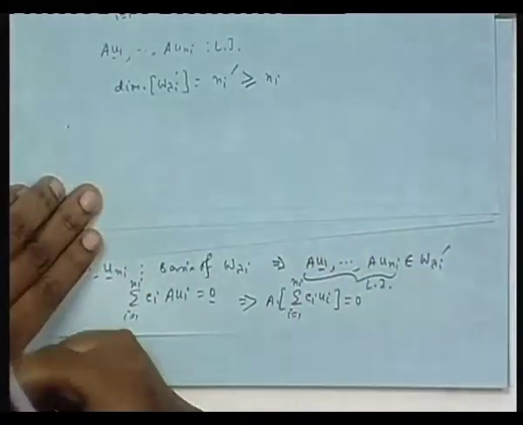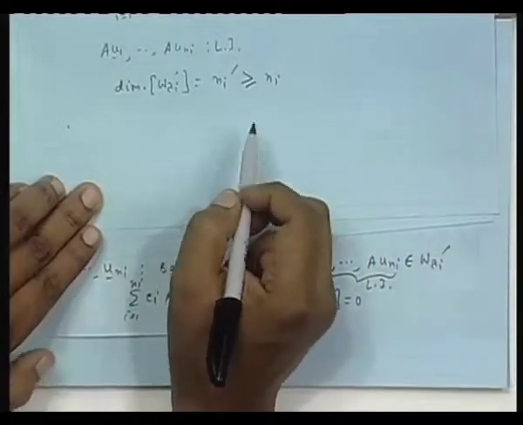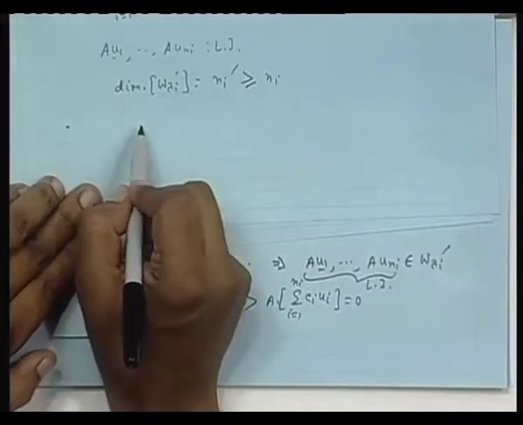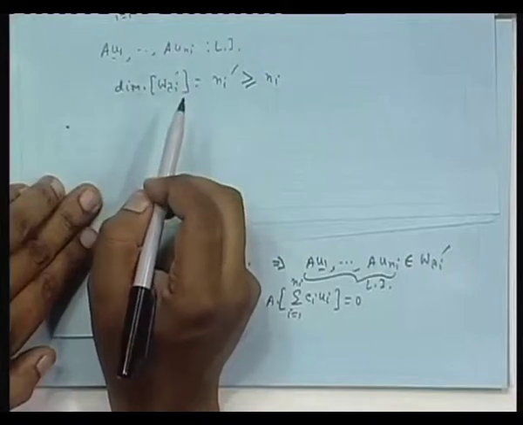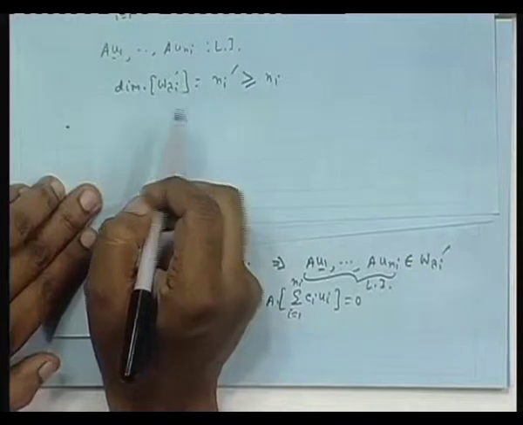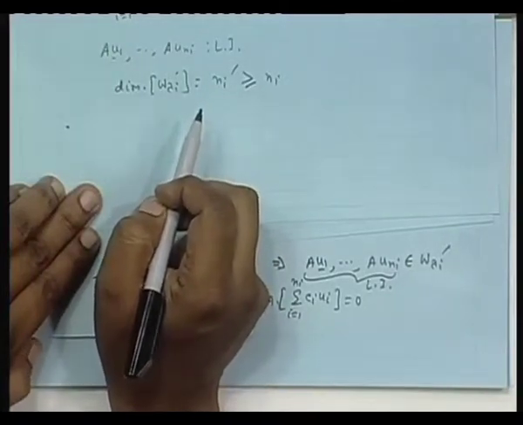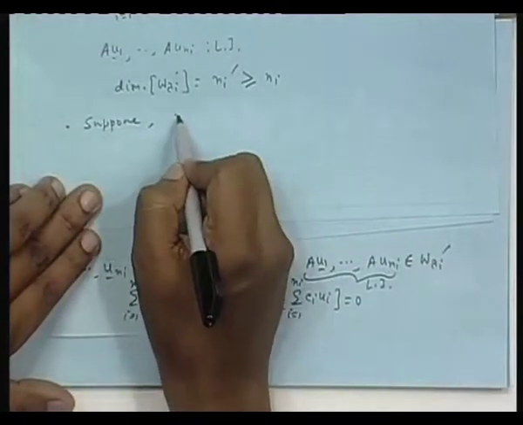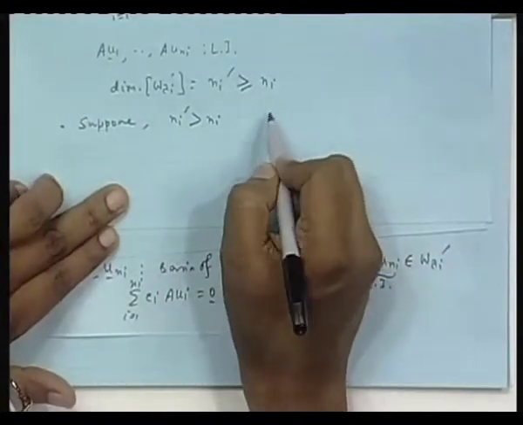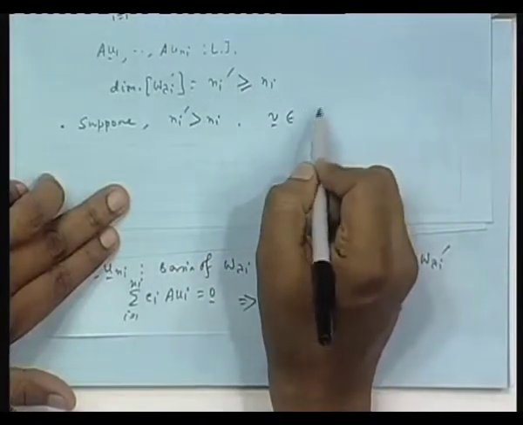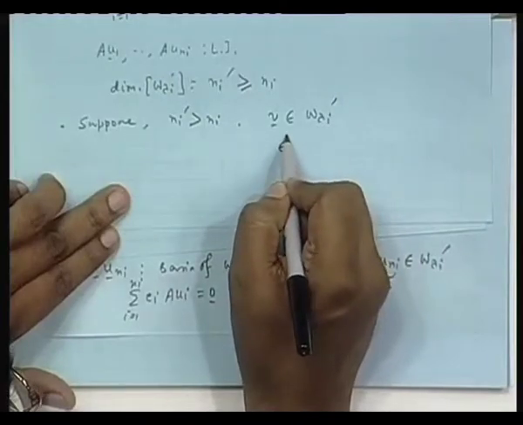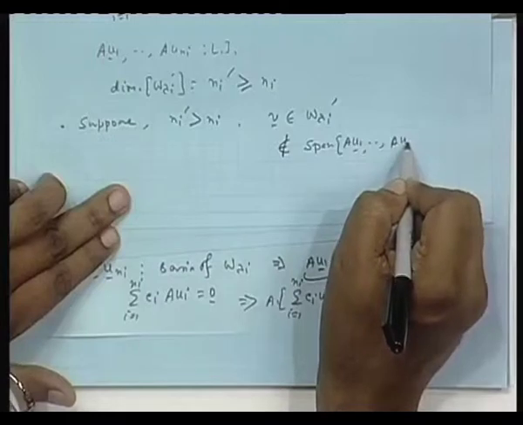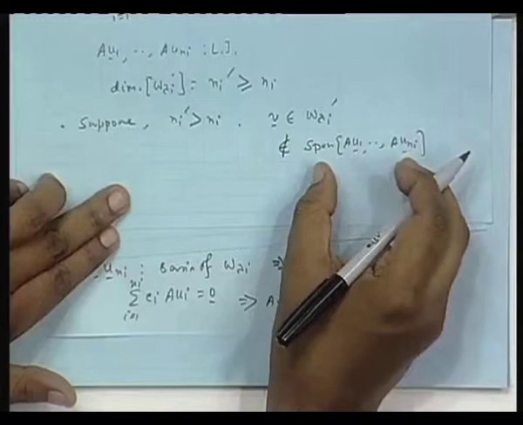Suppose n I prime is greater than n I. Then you take a vector V from W lambda I prime, but outside the span of A u1 to A u n I. These vectors are a linearly independent set within W lambda I prime.